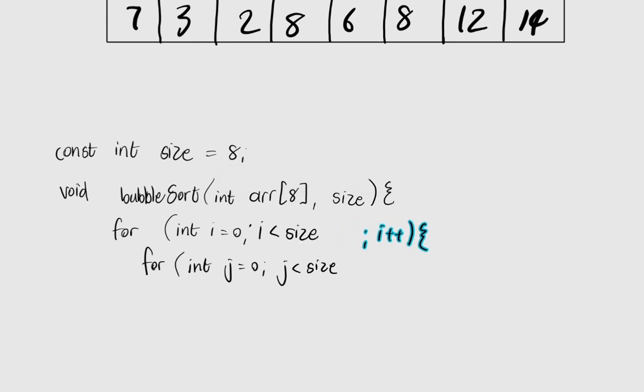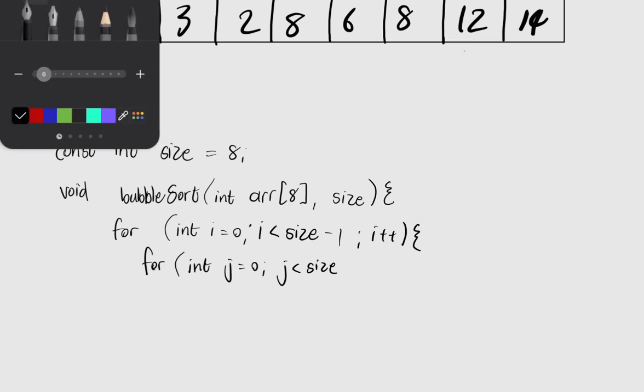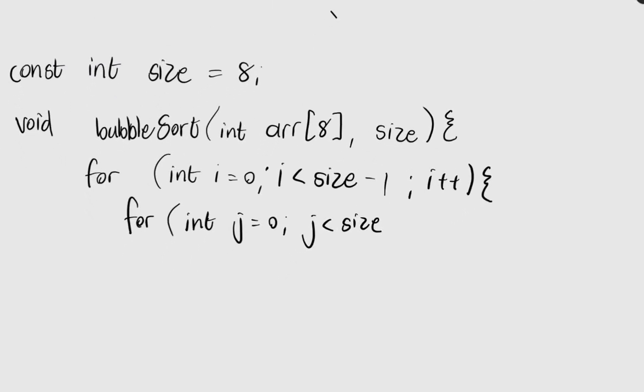This should say size - 1, right? Because as I said, it will only ever go to here, right? That's essentially the reason why. Then here it's going to say size - i - 1.